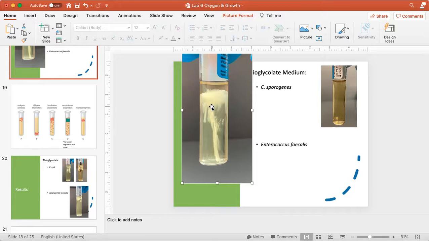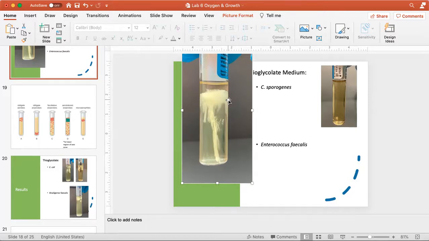And then we can see fewer cells growing down, down, down throughout the rest of the tube, all the way to the bottom. These are cells, but they're all clumping together. And there are fewer cells making this string than there are at the top of the tube.